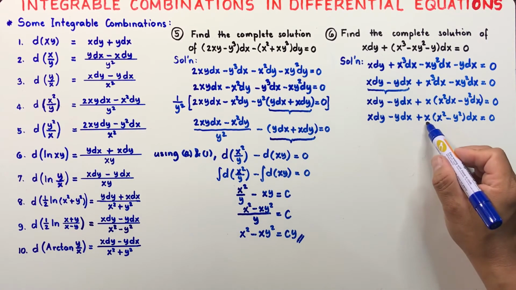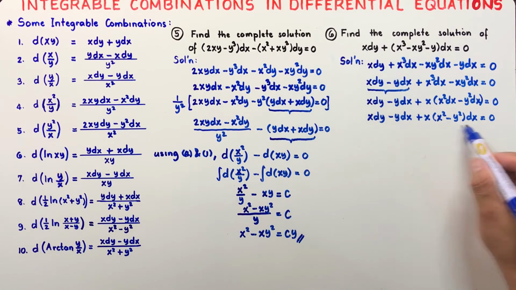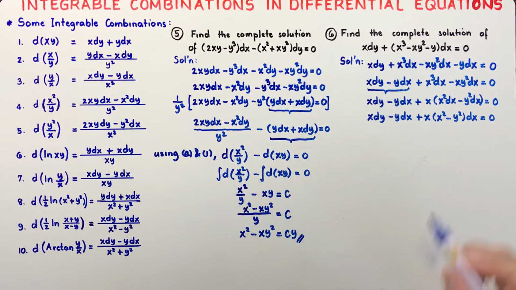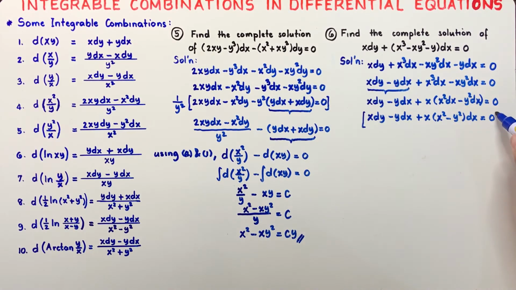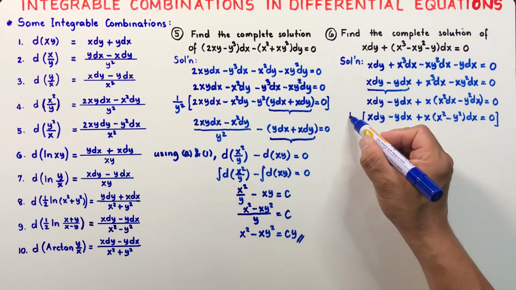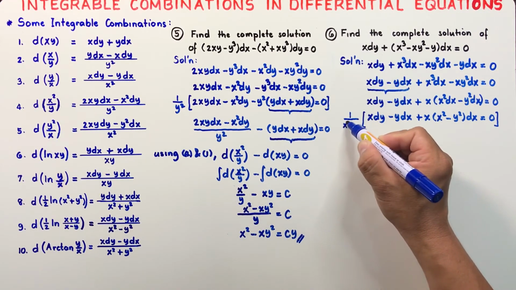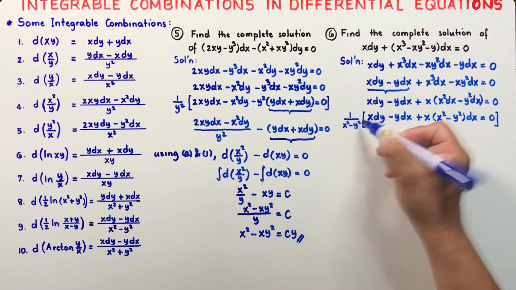So that we can integrate this term here with respect to x, we need to eliminate this x squared minus y squared by multiplying both sides of the equation by 1 over x squared minus y squared.